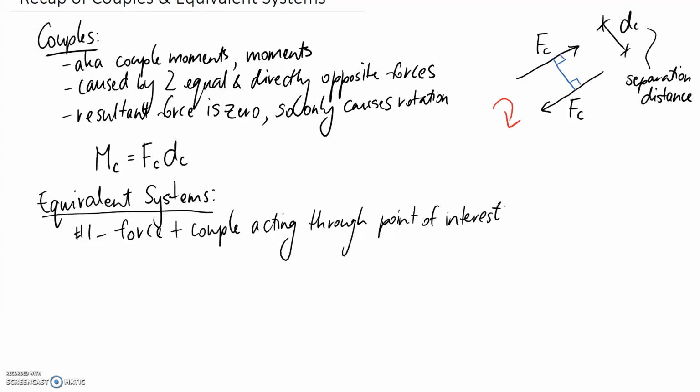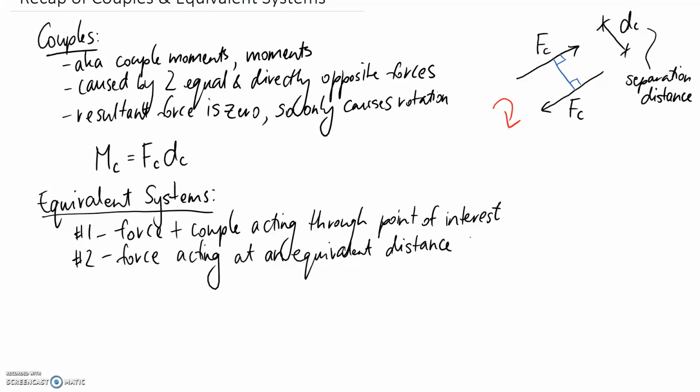So you're asked to simplify all the loading on a system to just a force and couple acting through the point of interest. Okay. There's a second option, which is slightly harder, and this is when you want to simplify down to just a force acting at an equivalent distance from the point of interest.